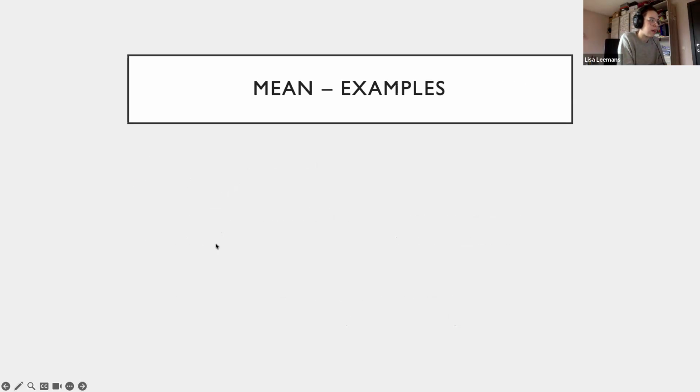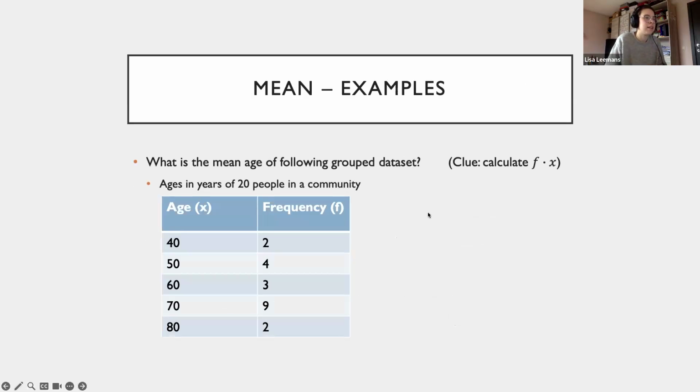So that is why I mentioned as a clue to calculate the product of our frequencies and our ages. And then you have to add all those values up for all our columns or our values, and then divide them by the amount of people. Yes, I see some answers.